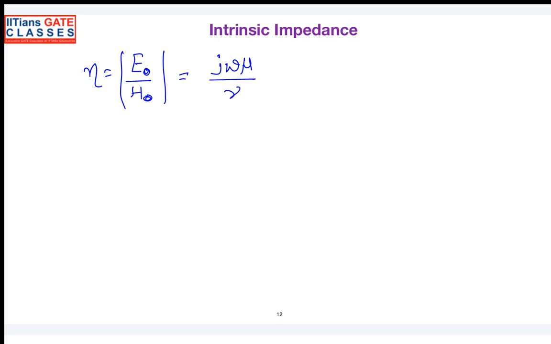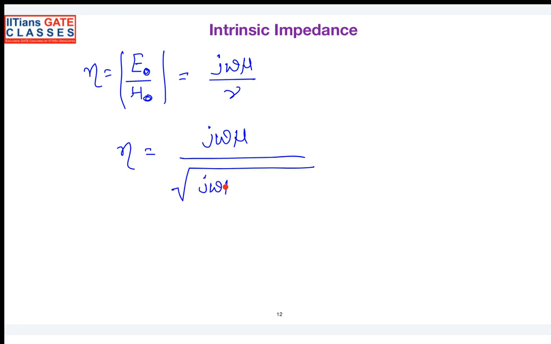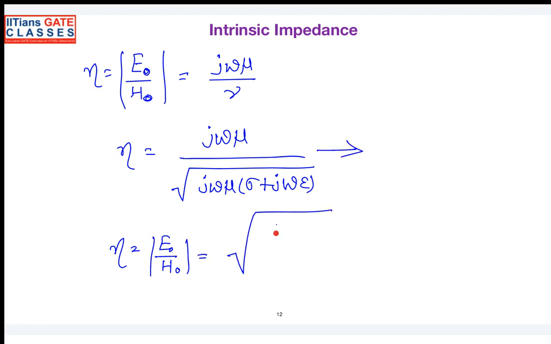And I think you can further simplify this. We all know what the propagation constant is, root of j omega mu into sigma plus j omega epsilon. And hence the impedance is defined by the ratio of E by H. If you simplify this further, you are going to get root over j omega mu by sigma plus j omega epsilon.